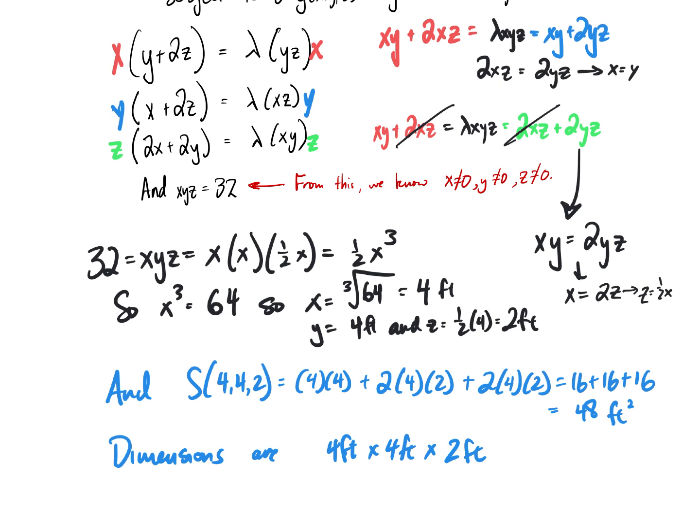For example, x equals 1, y equals 1, z equals 32. If you plug that in, you get 1 times 1 plus 2 times 1 times 32 plus 2 times 1 times 32, which is obviously a lot larger than 48 square feet.